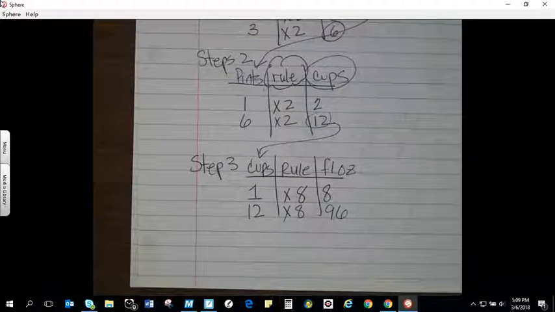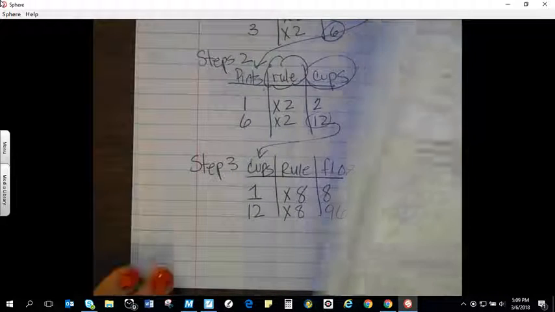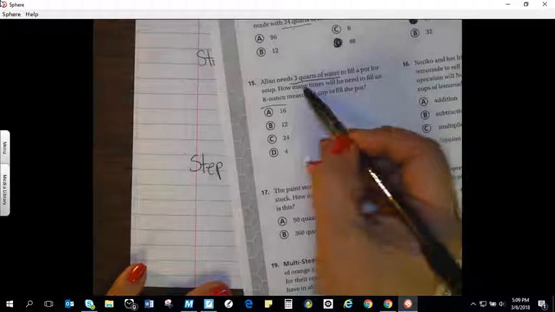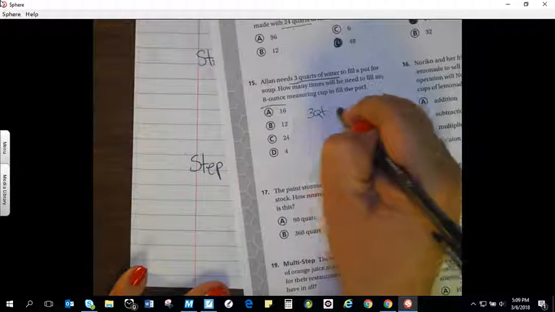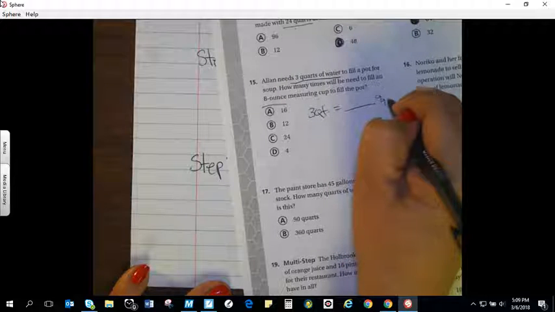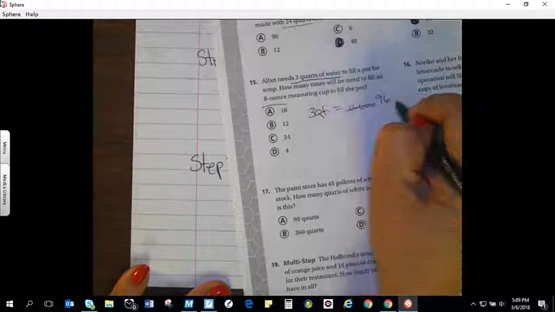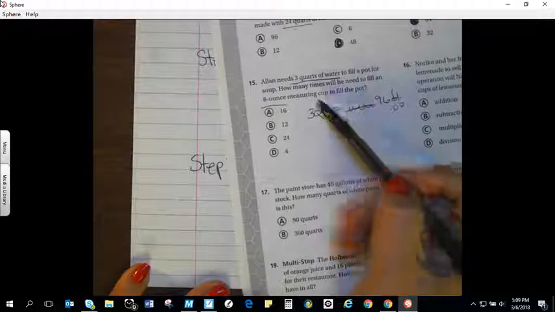So I'm looking back over at my question. So now that I know that 3 quarts is equal to 96, oops, I didn't mean to do that line, 96 fluid ounces, we're talking about how many times.